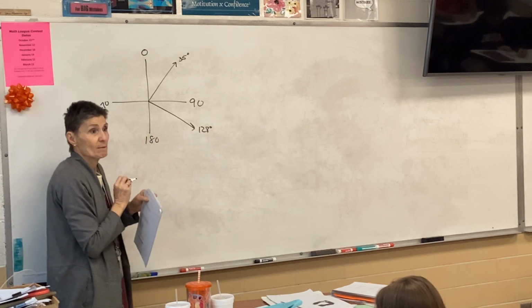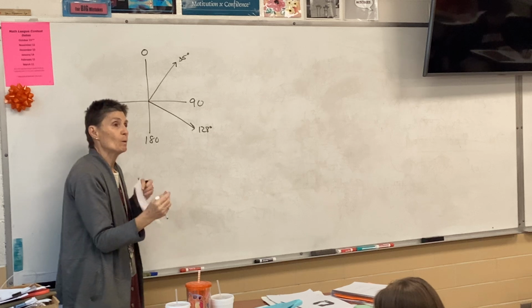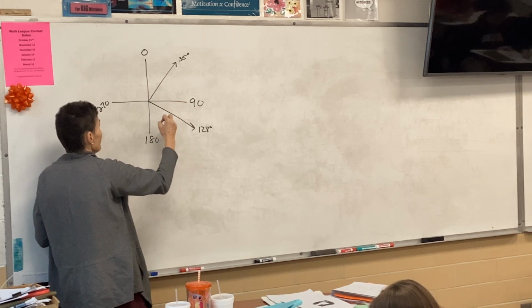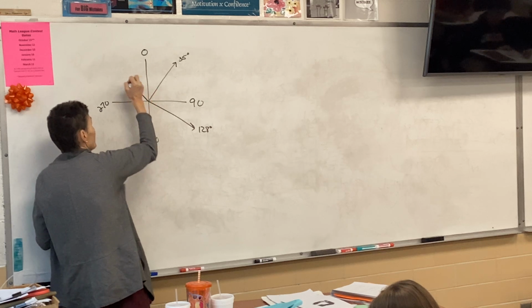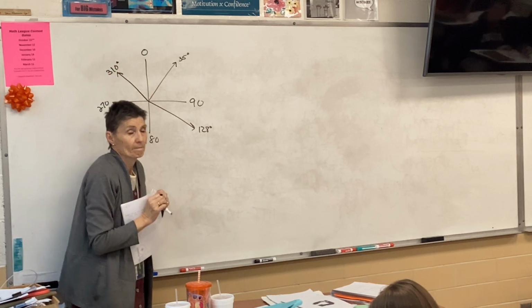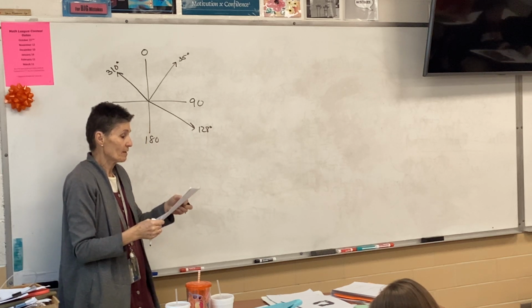We're just approximating placement. We've got to get it in the right quadrant, okay? And then where's 310? 310 would be all the way over here. Okay? Everybody good with that?